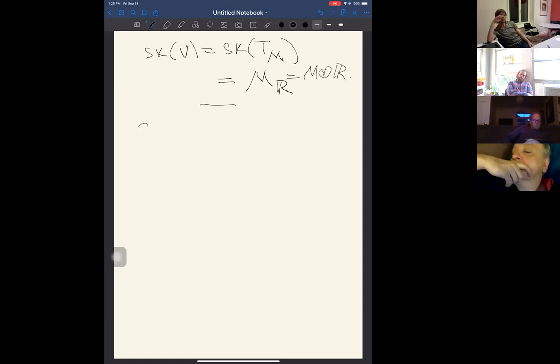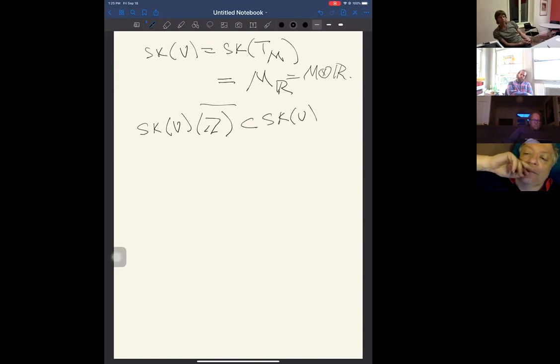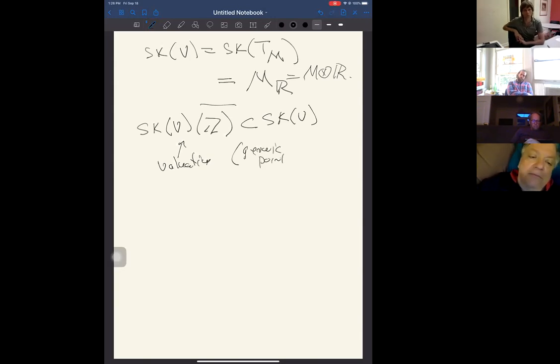Also, let me remark that there are integer points in the analytification. So inside of here, there are integer points. What are those? This comes with natural integer points. These are the valuations. They're all of the type, the generic point followed by some valuation on Q of V, and these are the ones that you get by taking divisors.